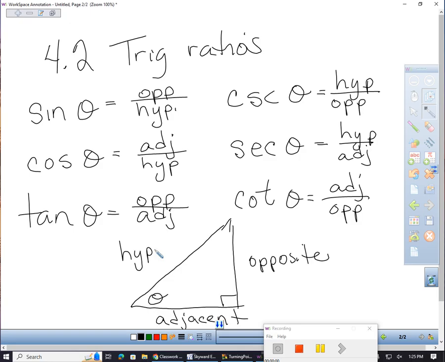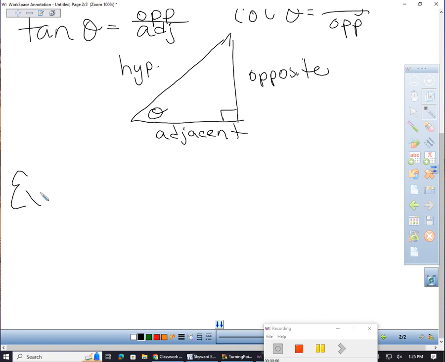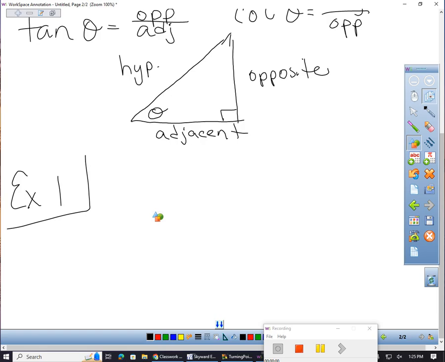Okay. So the first few problems in our homework today, you are just finding those 6 trig ratios. So let's do an example of that. All right, so here is example number 1. I'm actually going to get us a triangle here because I'm going to cheat my way.